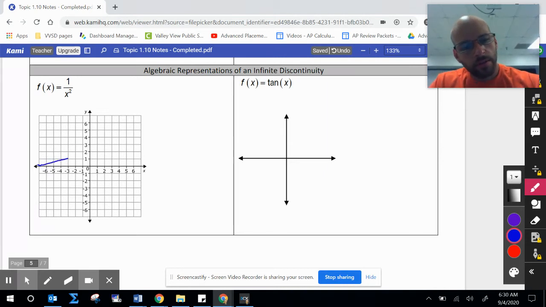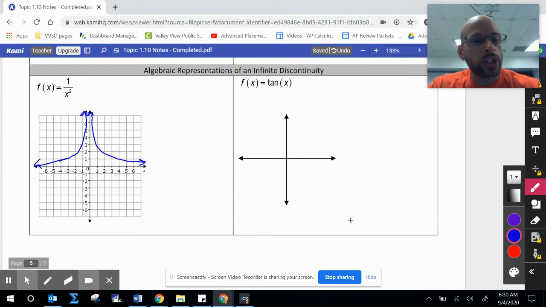Let's get my pen here. So it looks a little something like this, right? And if you look at that graph, and if you look at the equation for that matter, the equation is going to be undefined when the denominator is 0, right? So when x equals 0 is going to be a discontinuity, right? It's going to be a vertical asymptote.